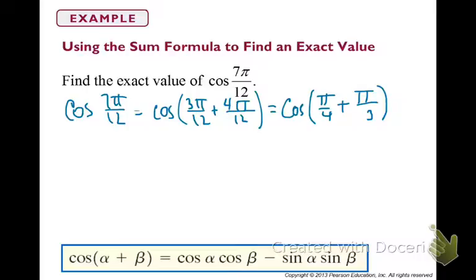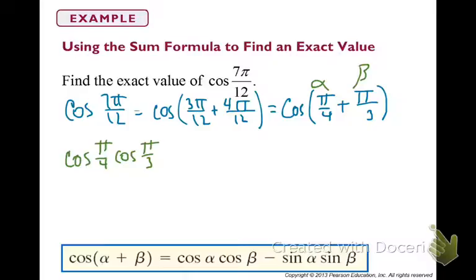So now, essentially at this point, it's basically just subbing in. We know that the pi over 4 is the alpha and the pi over 3 is the beta. So we're just going to sub in. So cosine of alpha, which is pi over 4, times the cosine of beta, pi over 3.